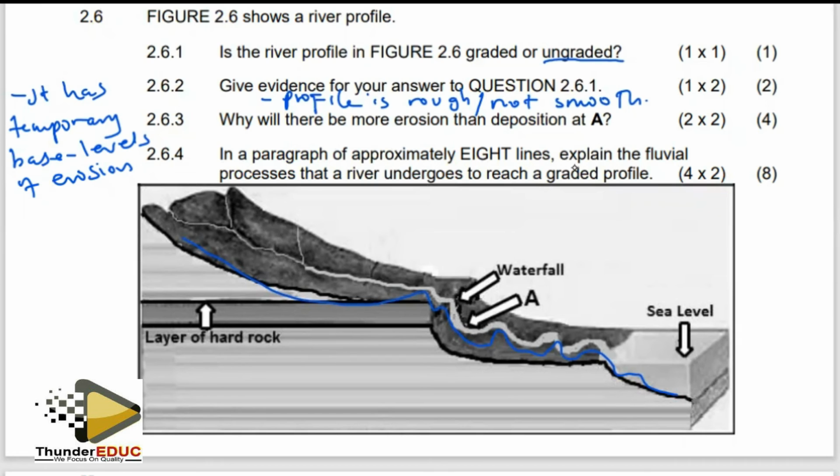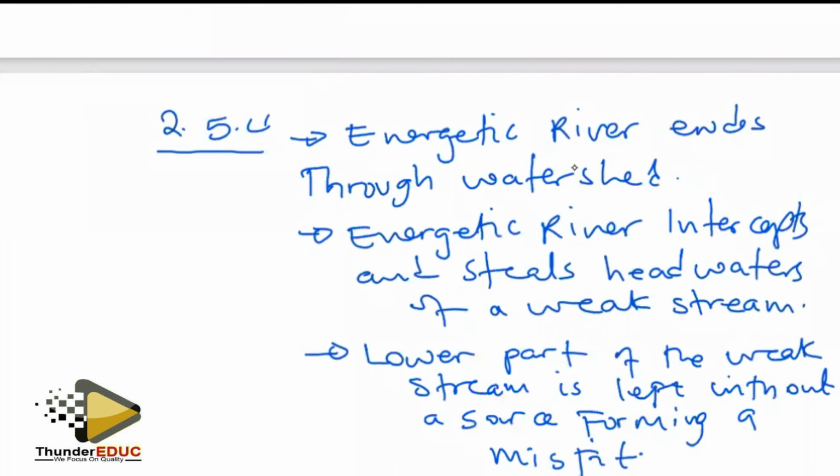So 2.6.3, why would there be more erosion than deposition at A? Then we could say because the river velocity is high, gradient is steep. I think we'll see this on our blank page.